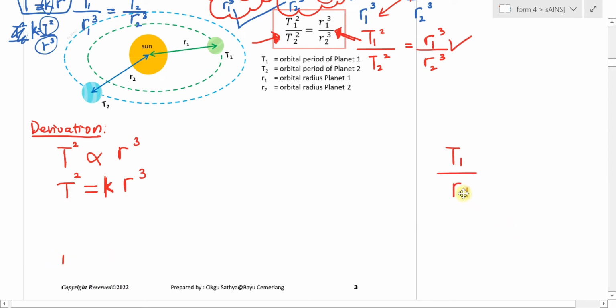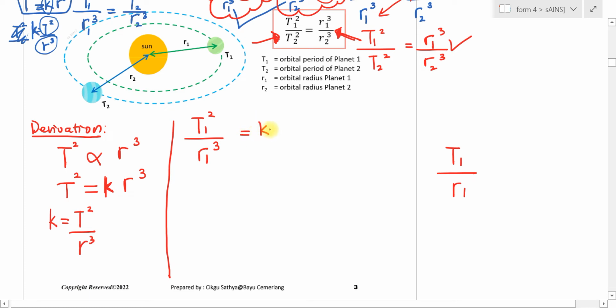Make K the subject. R cube we bring to the left side. See? Now, let's say I have a T1 with a value and R1 with a value. If I square this and cube this, applying Kepler's law, I will get K.